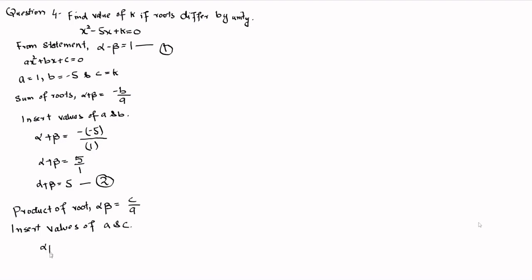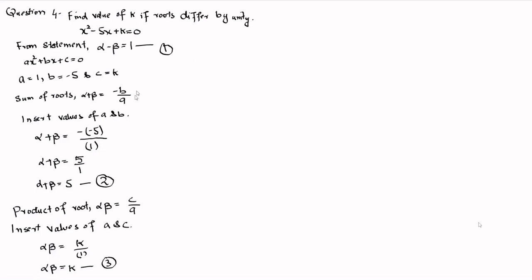We can write that alpha beta is equal to c, which is k, divided by a, which is 1. So something multiplied by 1 is equal to itself. So alpha beta is equal to k. Let's say this is equation number 3.